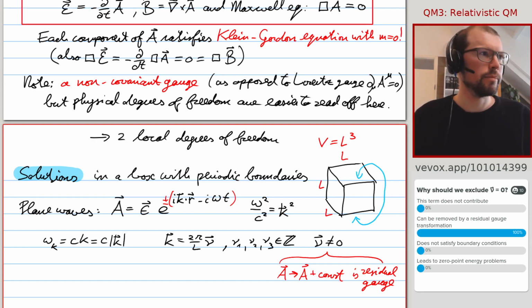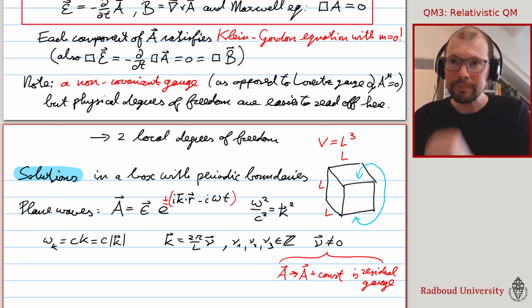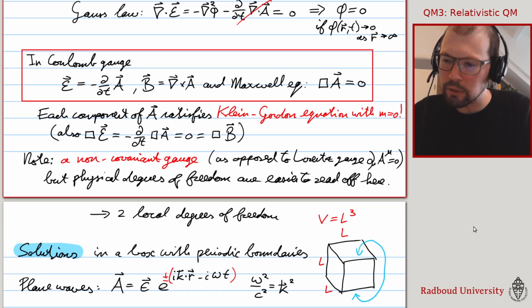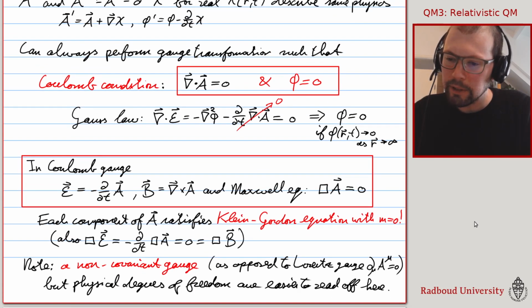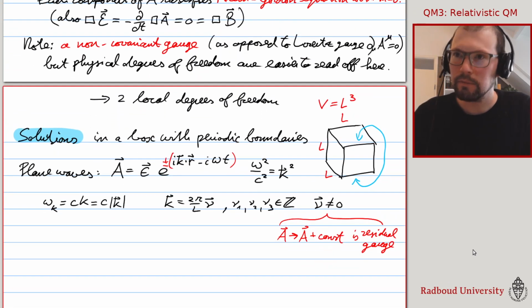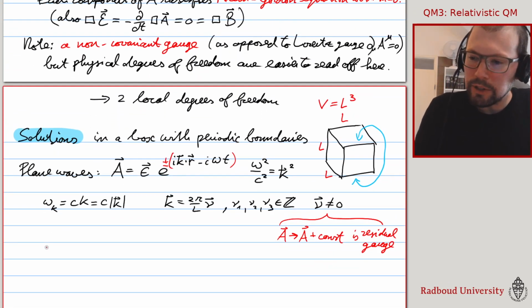Now we're not quite there yet, because we've solved the Maxwell equation, but we still have to impose the Coulomb condition. So what does the Coulomb condition mean?